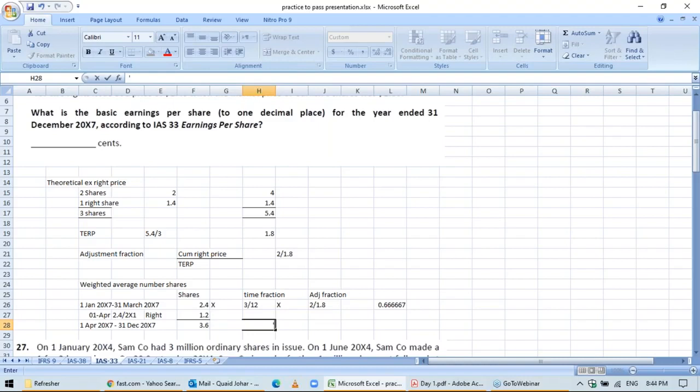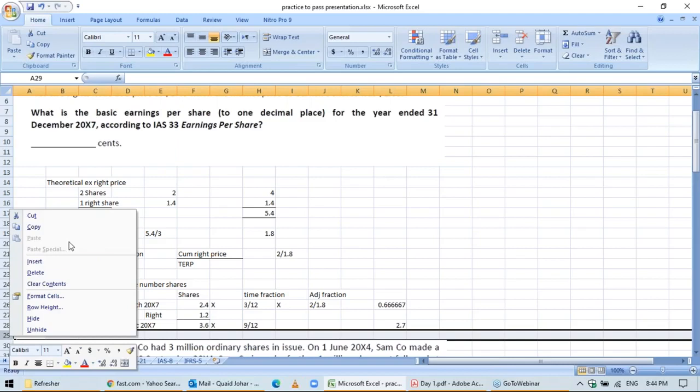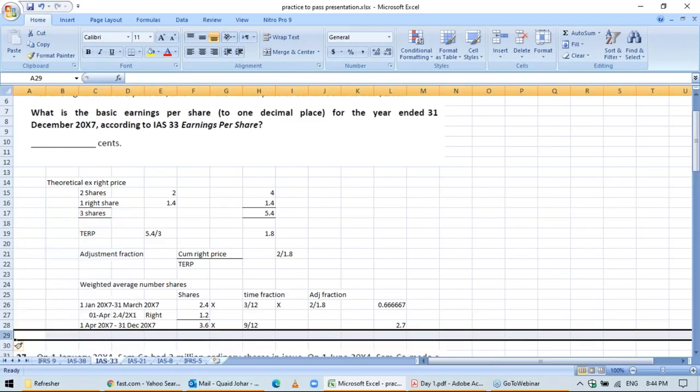On 1st April the right issue occurred, so I've applied the adjustment fraction only to the first 3 months. So there you go. You get 3.6 multiplied by 9 divided by 12, 2.7 million shares. Now you get the weighted average number of shares for the 12 months.